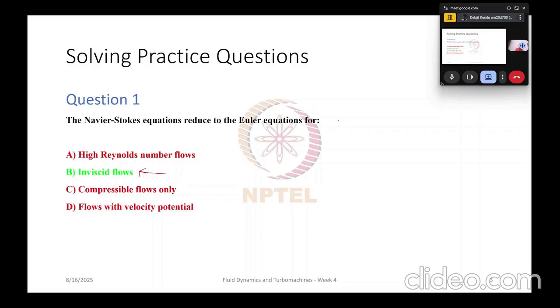So we have seen how the Navier-Stokes equations look for a Cartesian coordinate system in x and y.